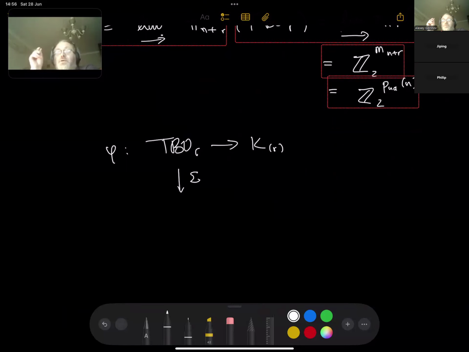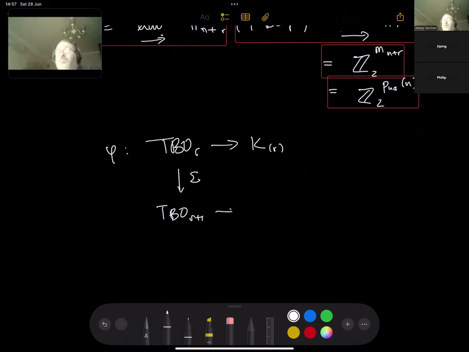Because passing from KR to KR plus 1 basically amounts to adding some new summands, which are all of the form H Z by 2 in some degree.